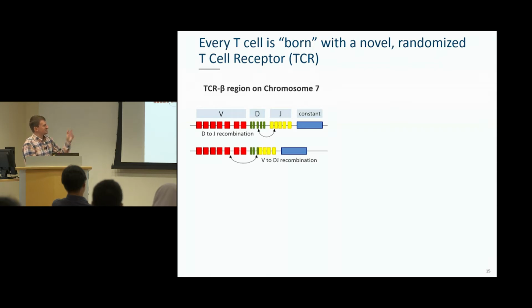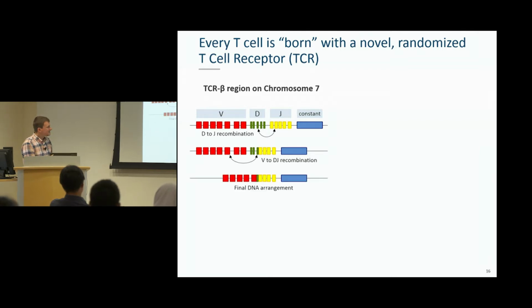So now you just have a deletion of some genome, and these things are brought together. Then there's a second step where that J segment is brought up against a random V segment. So now we have this highly variable random sequence that gets created. And I skipped over a part: when these are brought together, it's not a clean junction. There are actually random nucleotides that get inserted in the middle.